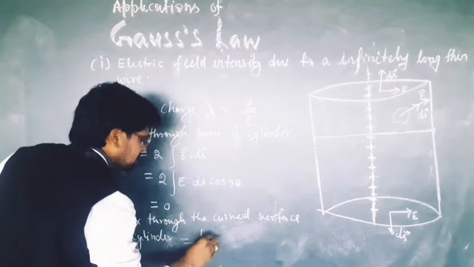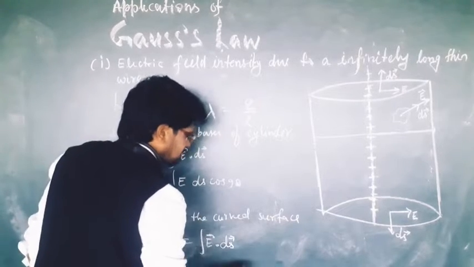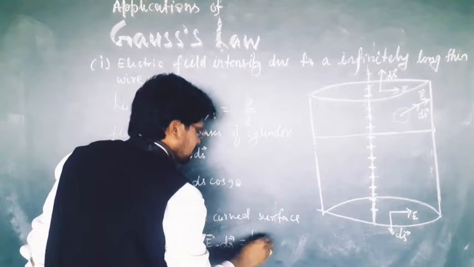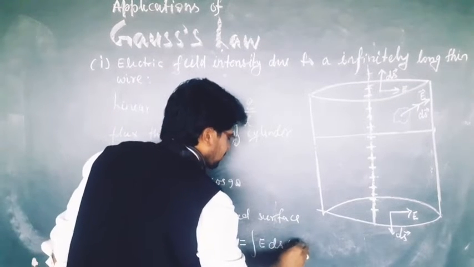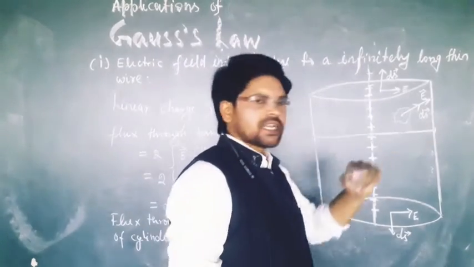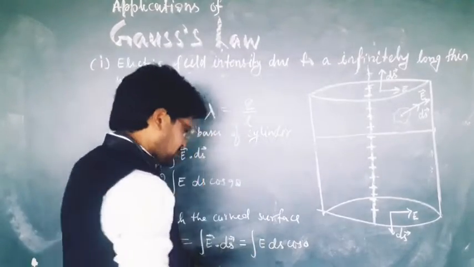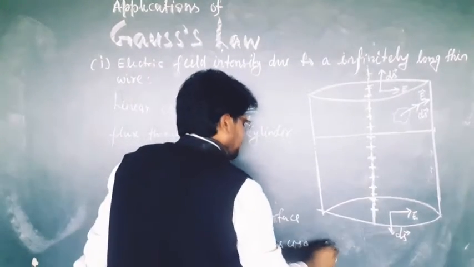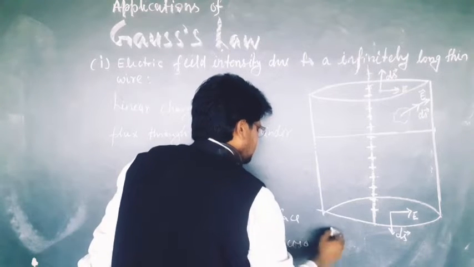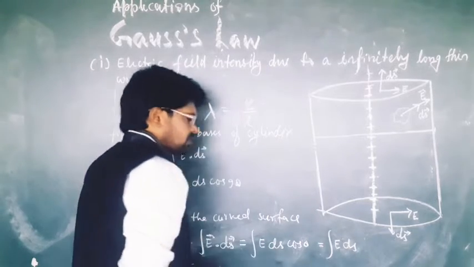Integration of vector E dot vector ds, that is the curved surface area. So it will be equal to integration of E ds cos 0, because the angle between E and ds at the curved surface is 0, because both are parallel, both are in the same direction. So it is equal to integration of E ds, because cos 0 is 1.